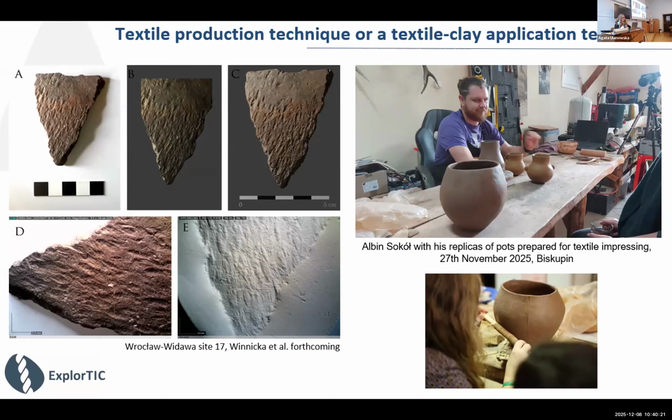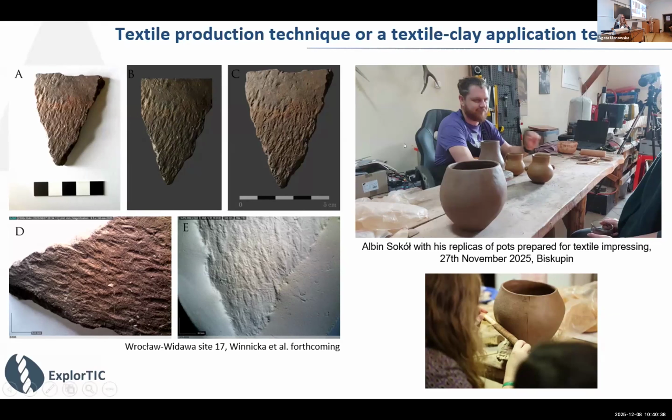We find it on many sites. The way it is applied is not related to a specific textile product, but to the way the textile is applied on the pot.